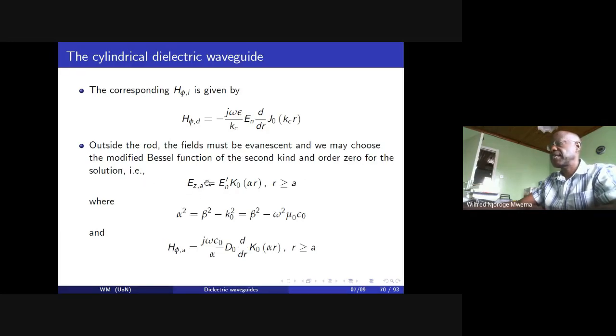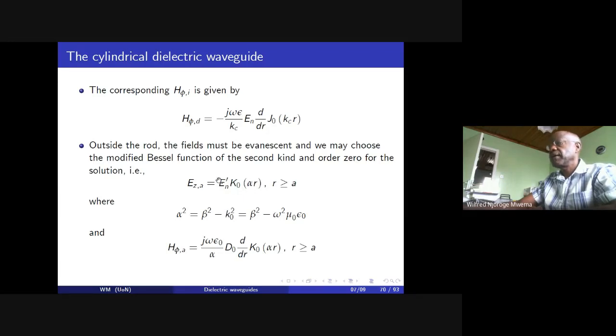That is, we must have that Ez for r greater than a be equal to E_n prime, which is just a new amplitude, multiplied by the modified Bessel function of the second kind and order 0 for that value.